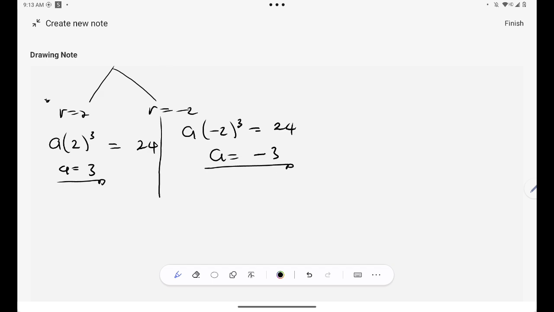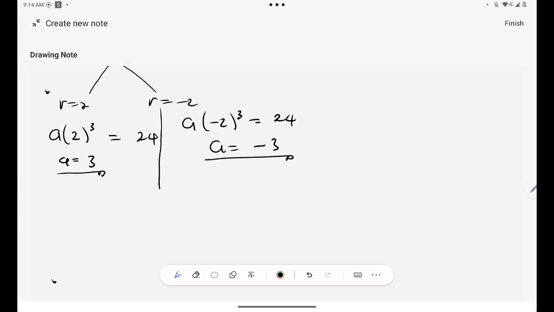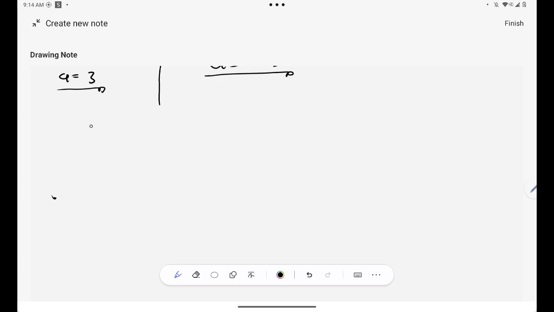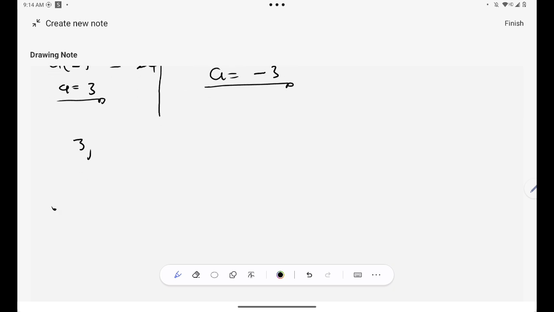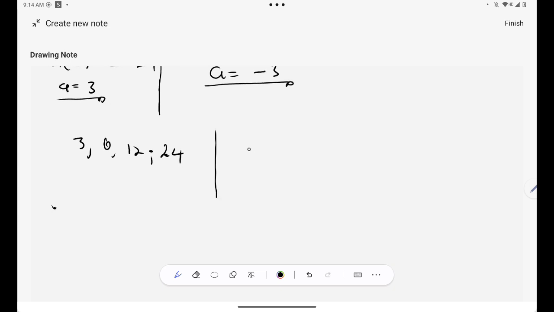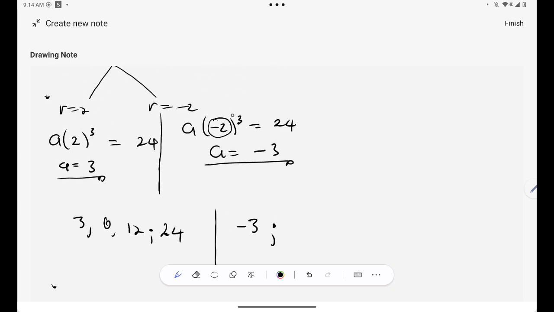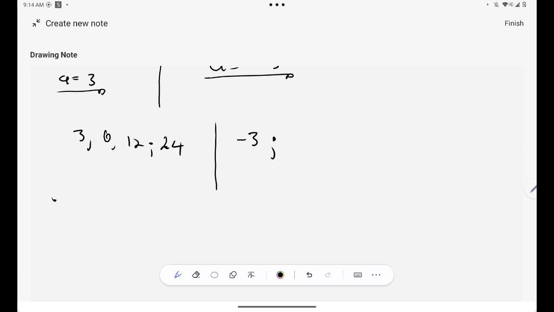So for us to find the sum of the first 7 terms, our sequence will look like this: 3, and since r is 2, we'll get 6 here, 12, and 24, etc. Or when r is negative 2, it simply means our a is negative 3, right?